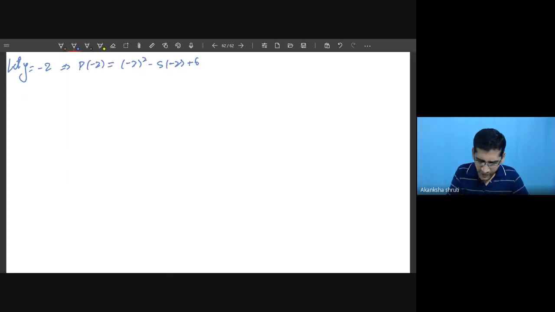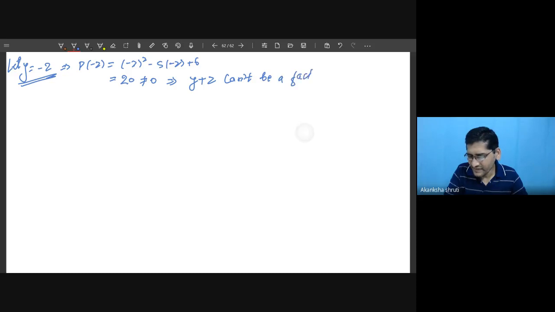You can do it quickly. It becomes 4, and then 10, which becomes 20, which is not equal to 0. So this indicates that y plus 2 cannot be a factor of p of y.